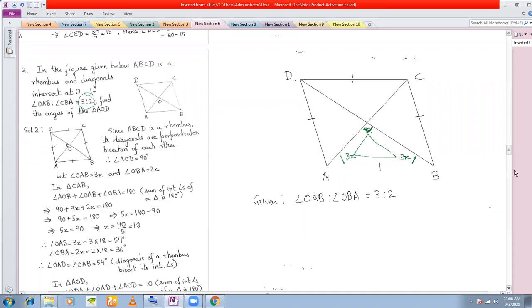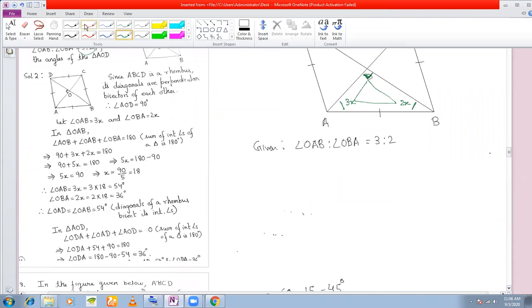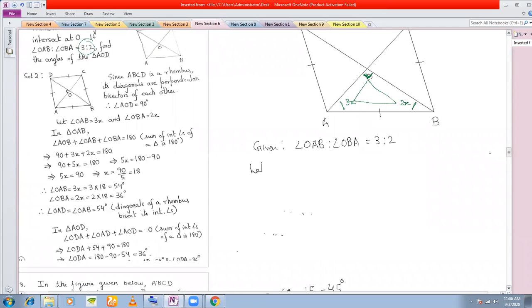Okay, so let us write this. We start by saying, let angle OAB be equal to 3x and angle OBA be equal to 2x. Also, you will write angle AOB is equal to 90 degrees, since AC is perpendicular to BD.